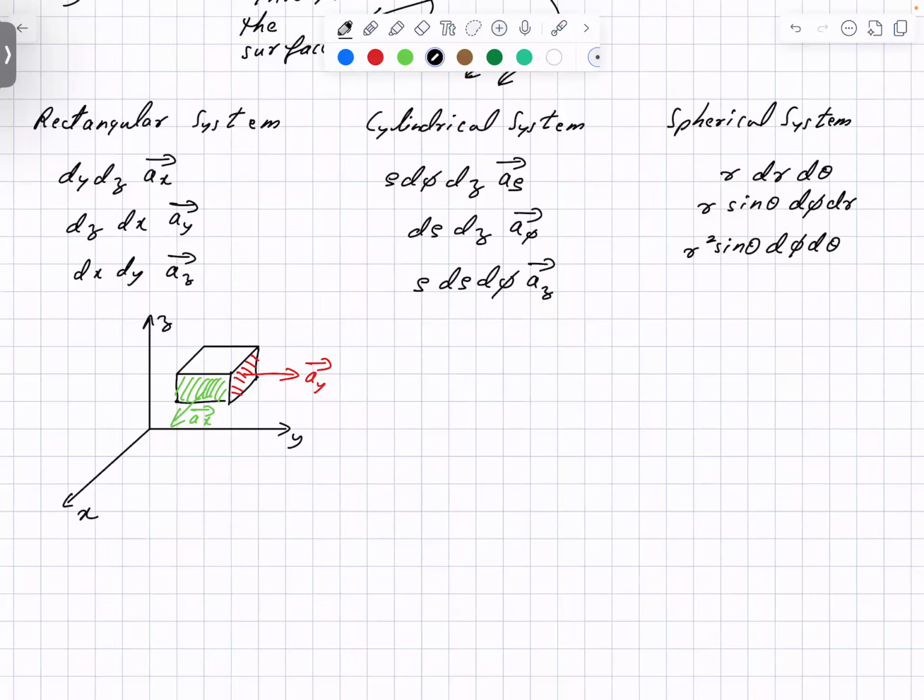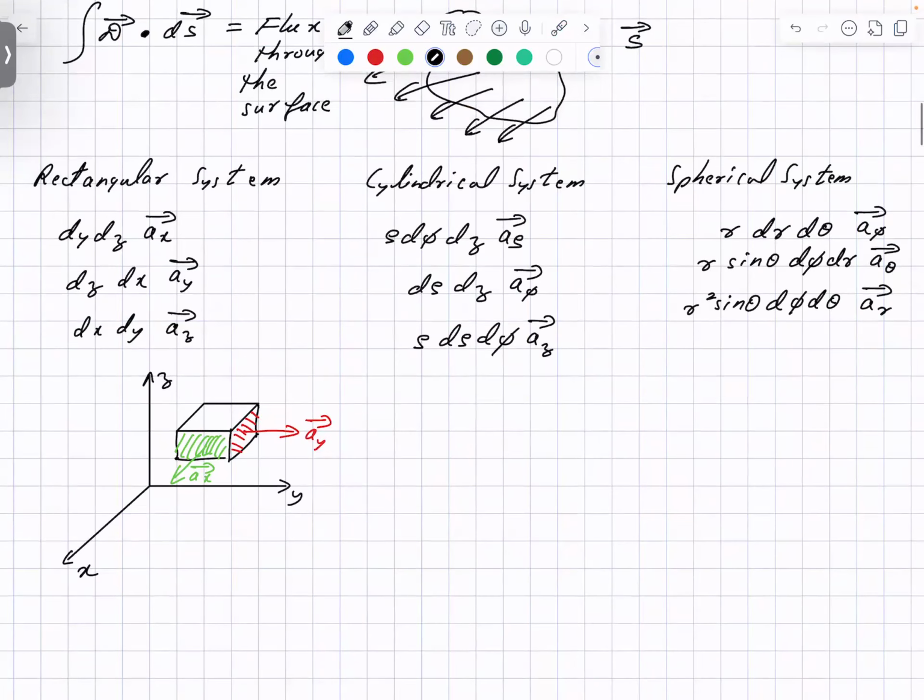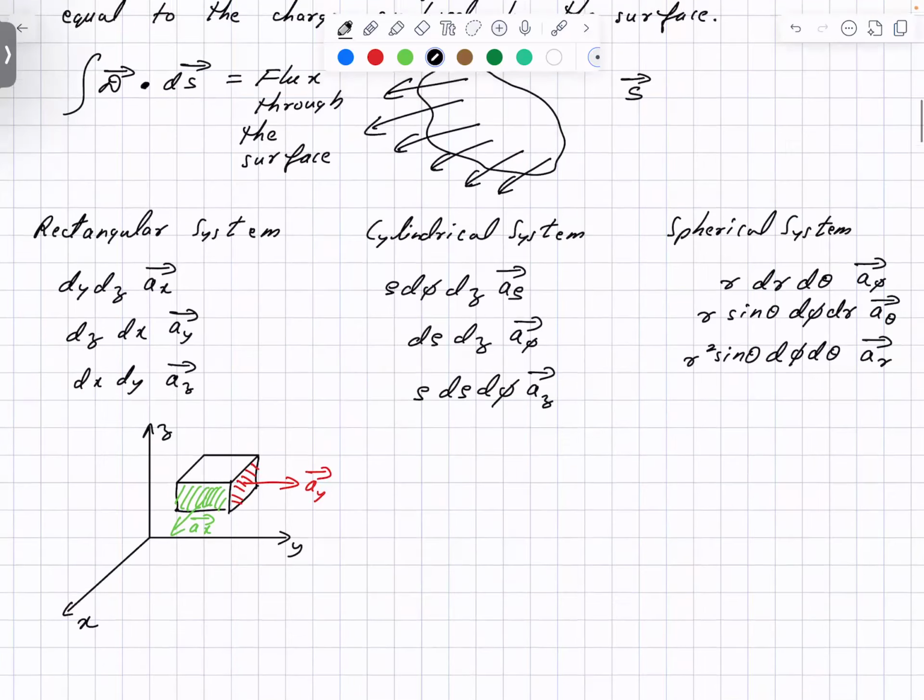We'll do the same thing to the spherical system surfaces as well. The first one has r and theta that change, and phi is not changing. In the second case, we have a theta. And in the third case, we have ar. So these are vector differential surfaces that we'll be using in this chapter and other chapters.